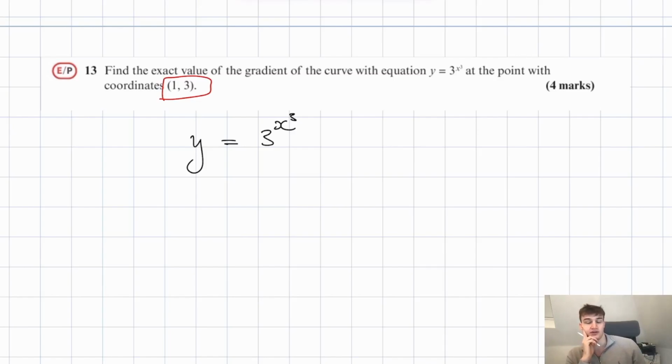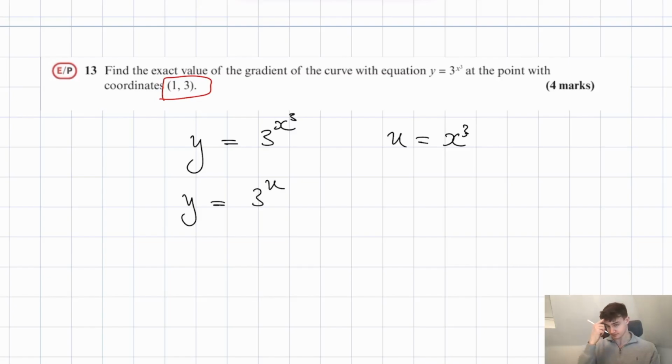So what are you going to do here? Clearly the substitution to make in this case is going to be that u is x cubed. So that we then have y is equal to 3 to the power of u.